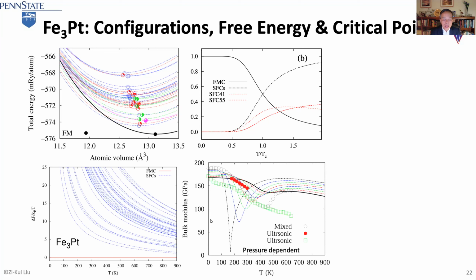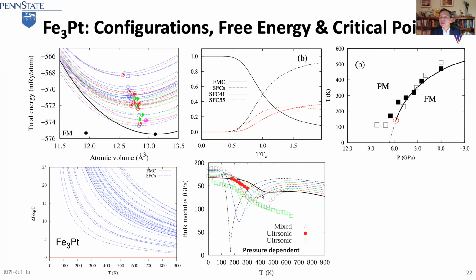We can also get the bulk modulus at different pressures. And again, this is remarkable agreement with experiments, for different pressures. And now we can calculate the temperature-pressure phase diagram, just from the free energy calculation. So we find the transition as the pressure is increased here.